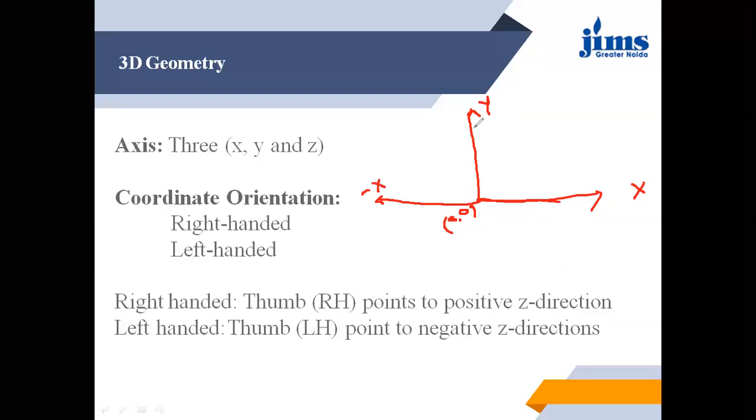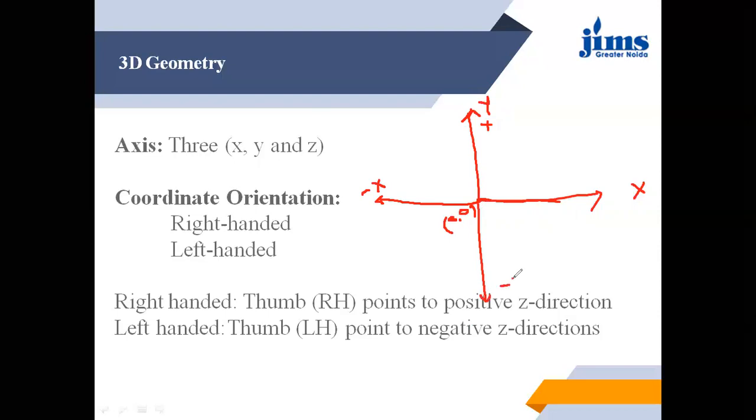Same in the case of the y axis also. When we are going upward, in the direction perpendicular to x, the value of y is plus y, and in the reverse direction the value of y is negative.